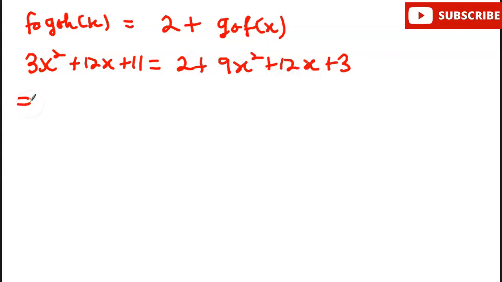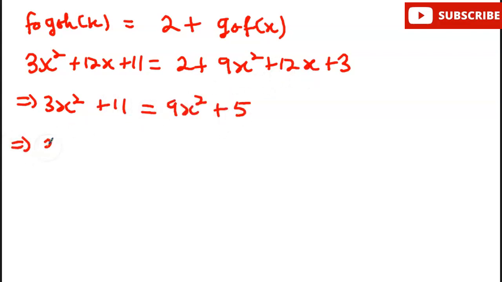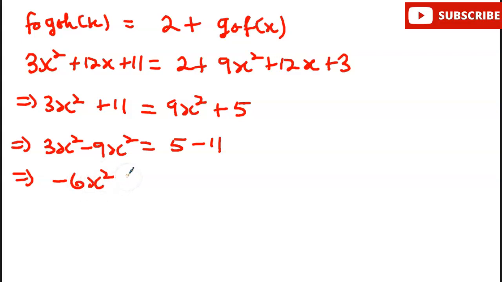So we have 3x squared plus 11 is equal to 9x squared plus 5. So let's group the like terms. 3x squared minus 9x squared is equal to 5 minus 11. So this is the same as minus 6x squared is equal to minus 6.